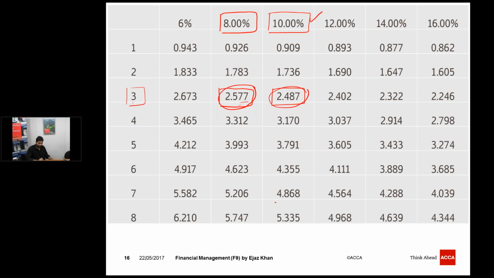Since there are 3 cash inflows, we'll go to the annuity table, we'll go to the 10% column, and for 3 cash flows, the discount factor will be 2.487. Don't take this 4-year annuity factor. You just need to count the number of cash flows. So there are 3 cash flows, we'll take the 3rd-year annuity factor.